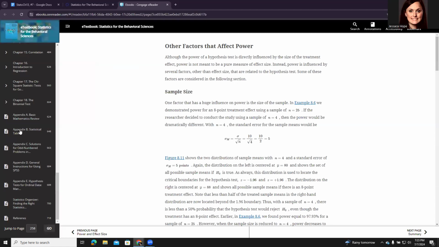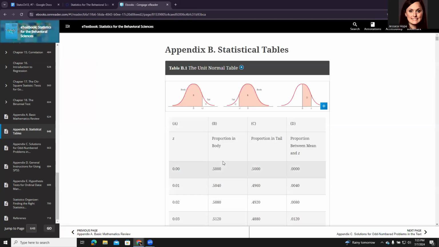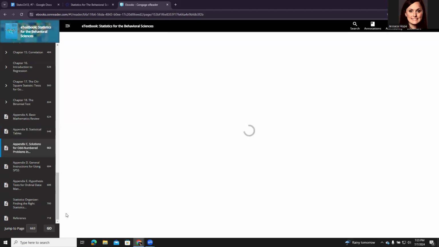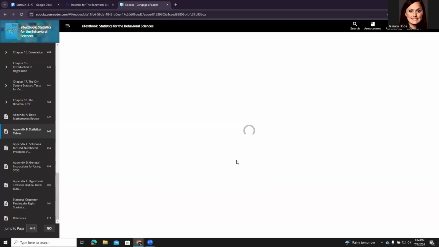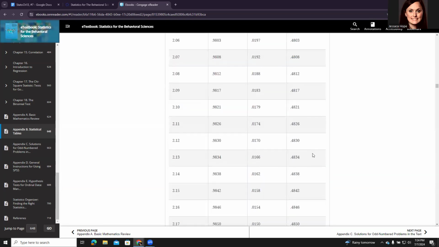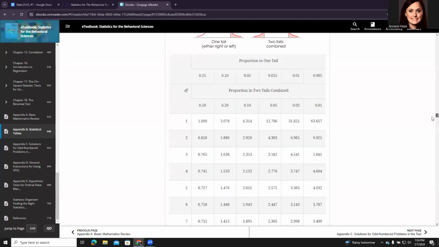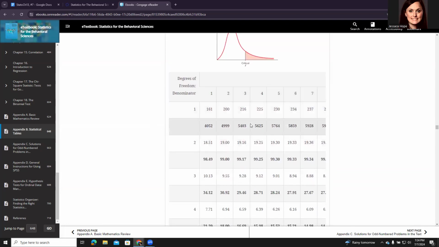So we need to go to Appendix B. We're looking for B.4. The t distribution, no, we're looking for the F. Here it is.